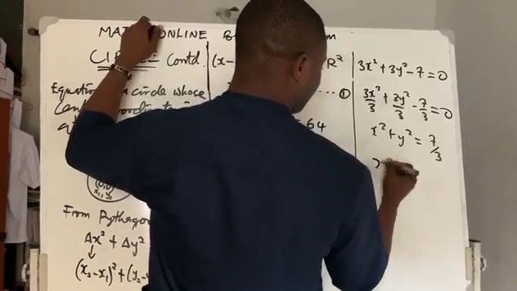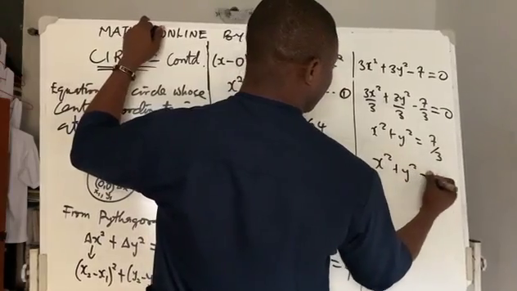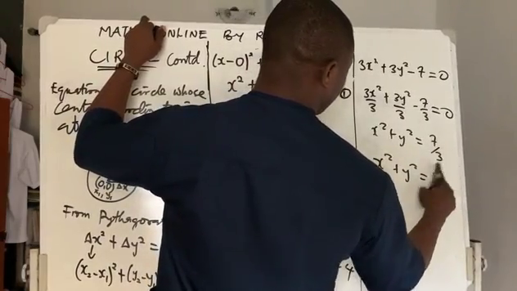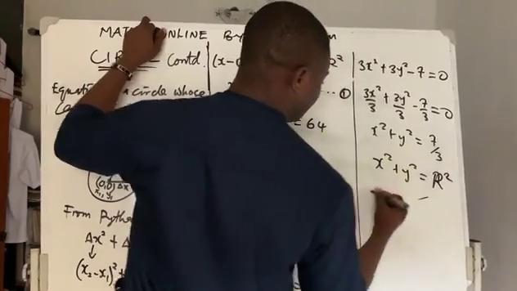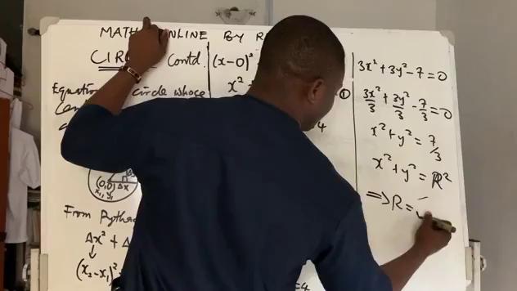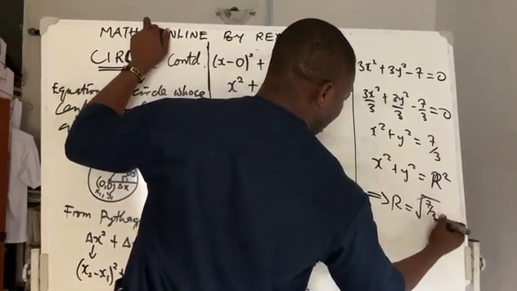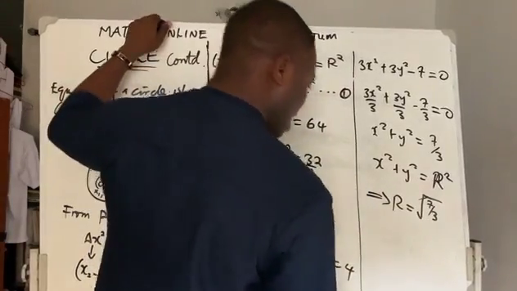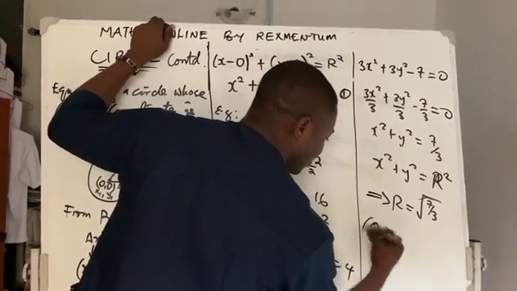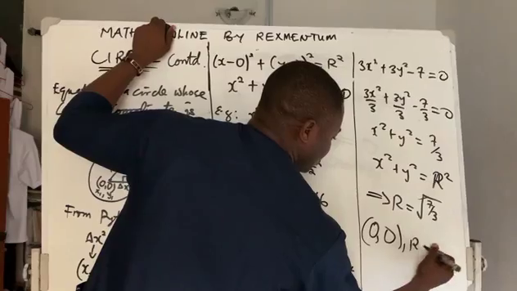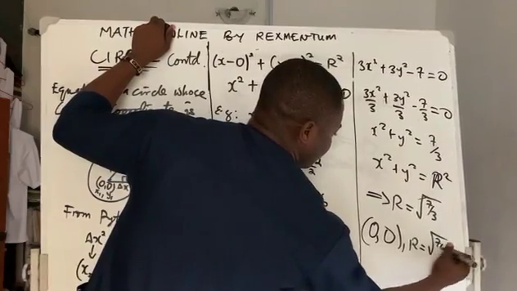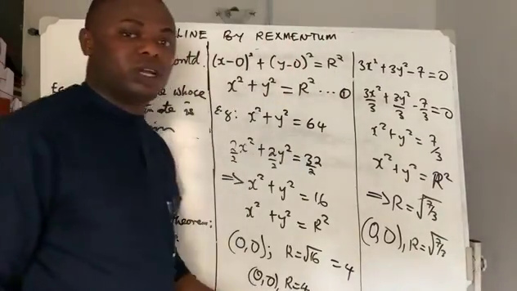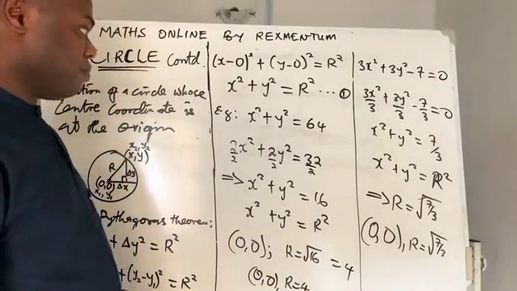Now compare it to x squared plus y squared equal to r squared. This implies that your r is equal to the square root of 7 over 3. Of course, your coordinate is 0, 0 at the origin, comma, radius is equal to root of 7 over 3, since it's not a perfect square. That's how you solve this kind of problem.